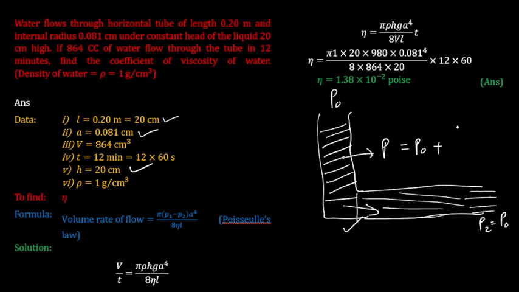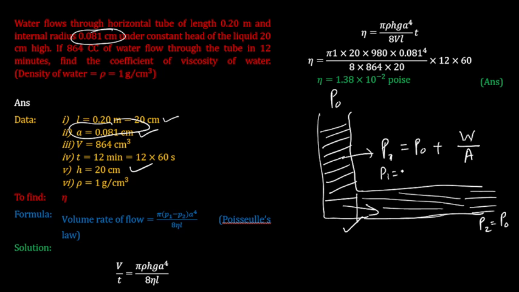So that pressure is actually the weight of the liquid divided by area of cross section upon which it acts. So area of cross section will be obtained from the radius of the tube. So we call this pressure P1.